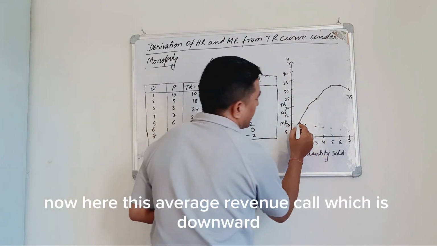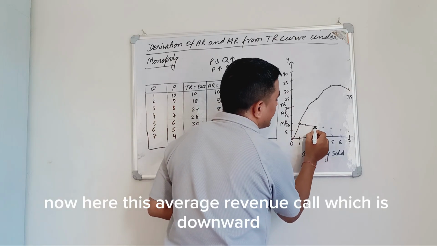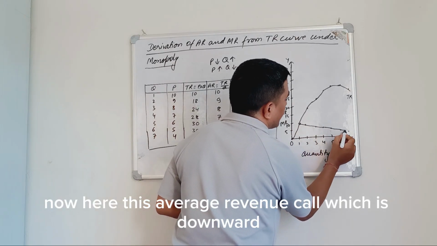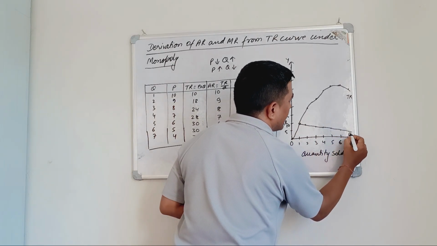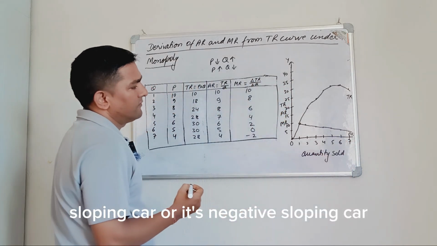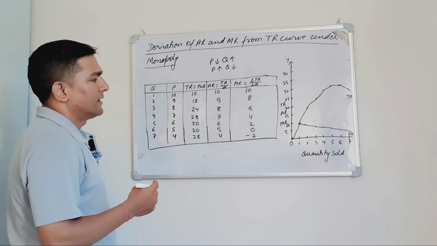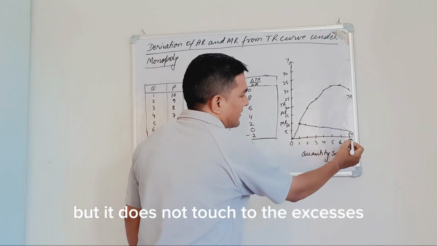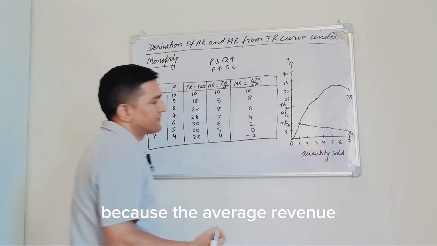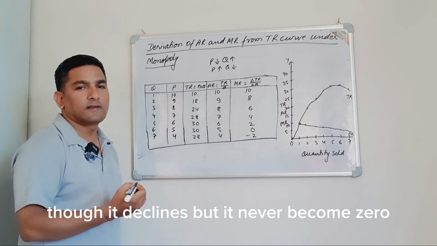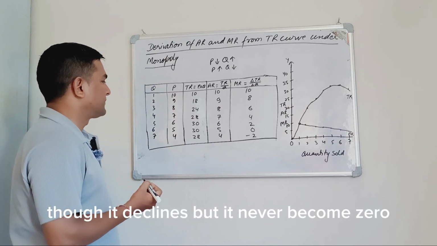Now here this is the average revenue curve, which is a downward sloping curve, or negative sloping curve, but it does not touch the x-axis, because the average revenue, though it declines, never becomes zero.